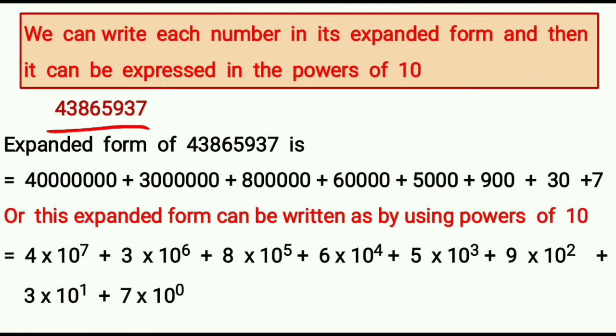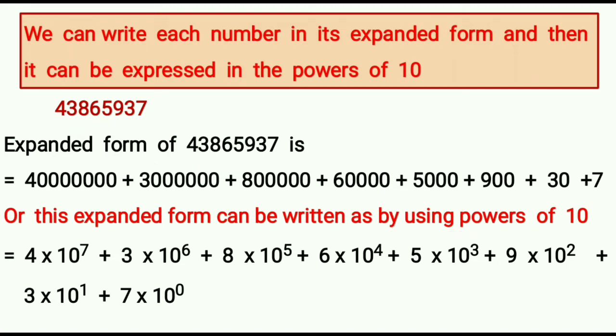We can write each number in its expanded form and then it can be expressed in the powers of 10. For example, this number can be expressed in the expanded form or by using powers of 10.